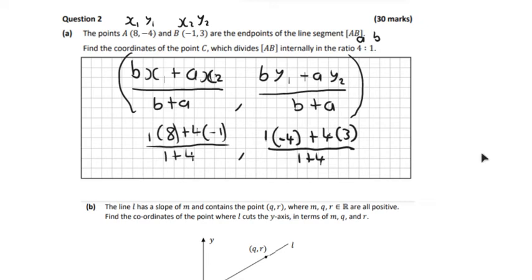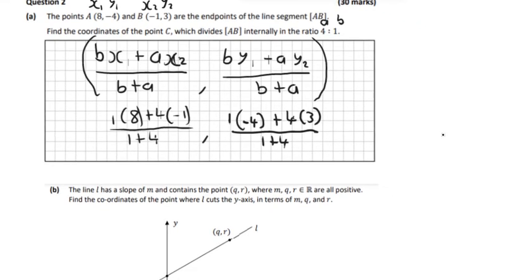So you just need to use a calculator, and when you put all those in, you should get 4 over 5, 8 over 5. And that's it. It's just following the formula.